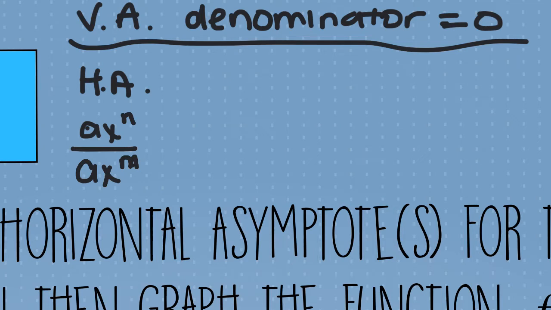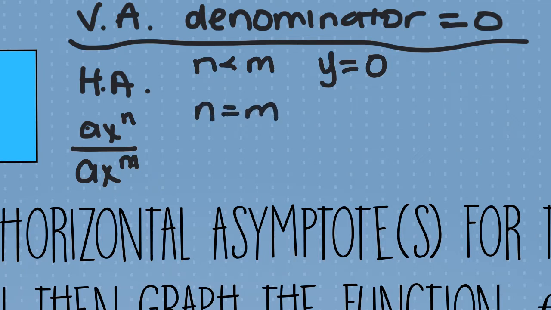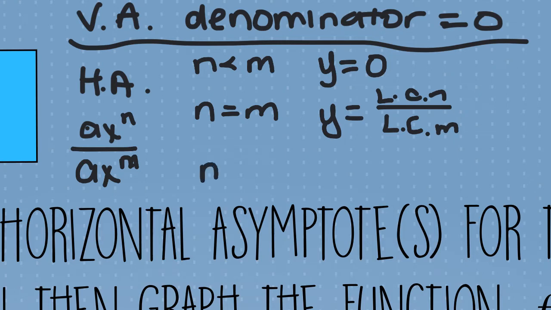If the highest exponent in the numerator is less than the denominator, then your horizontal asymptote is at y equals 0. If they are equal, then it's the leading coefficient of the numerator over the leading coefficient of the denominator. And if it is greater, then there is no horizontal asymptote.